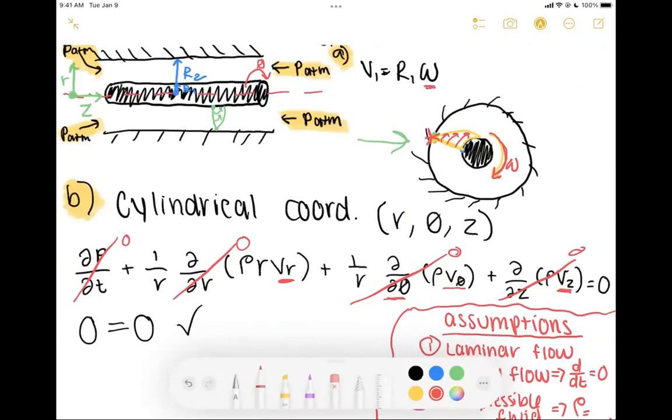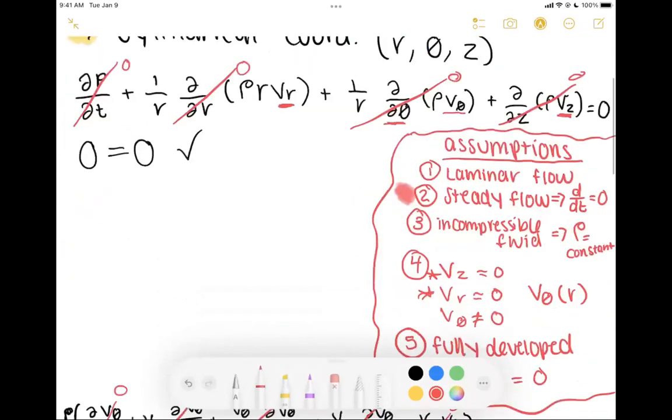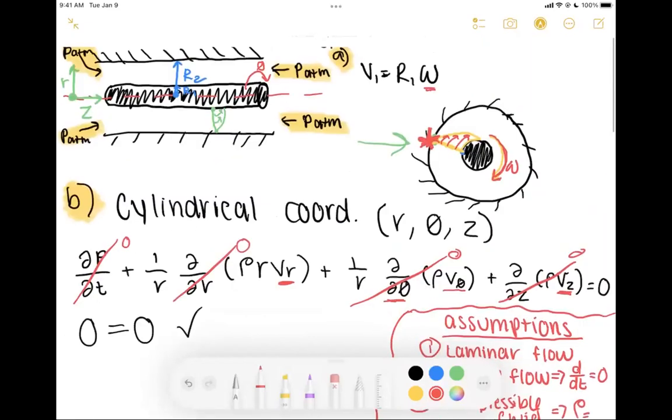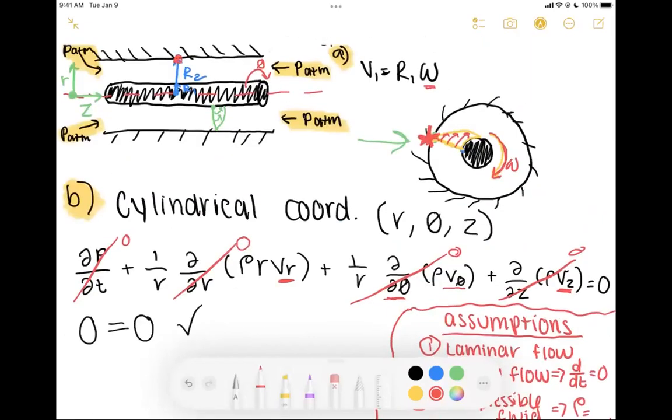At that point, we know that this solid surface is not moving, so it is completely stationary. The velocity is 0. That is also right here on this diagram.